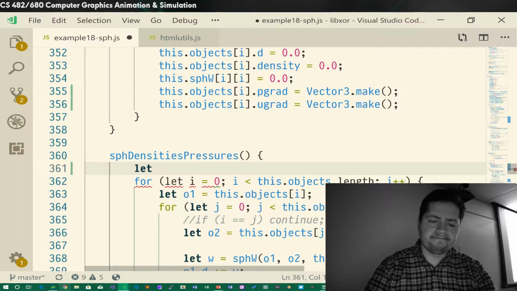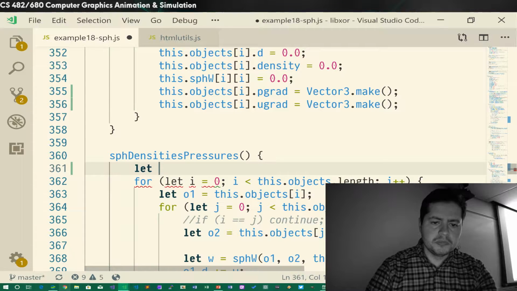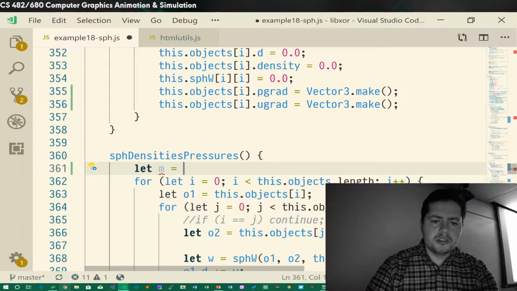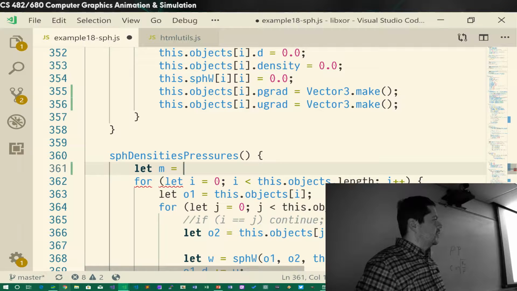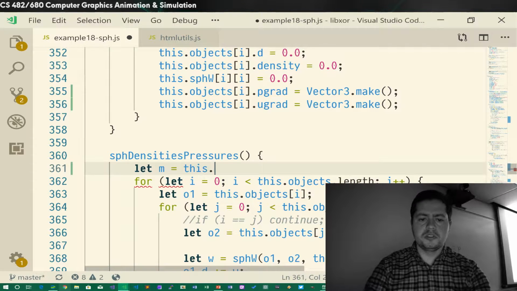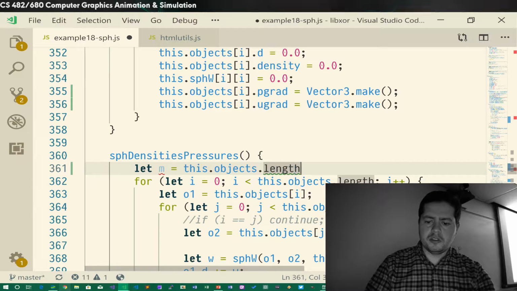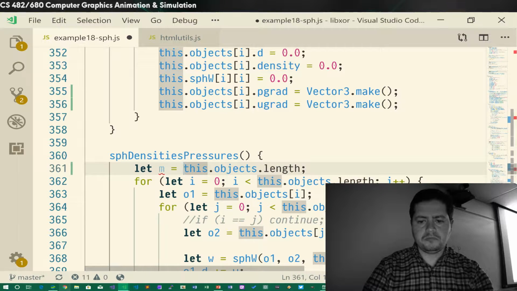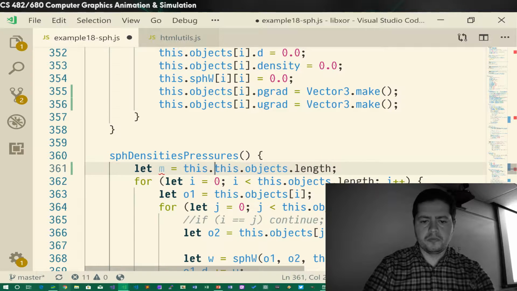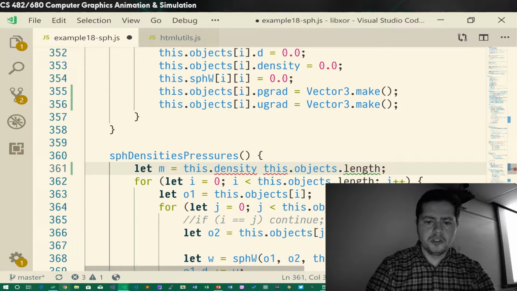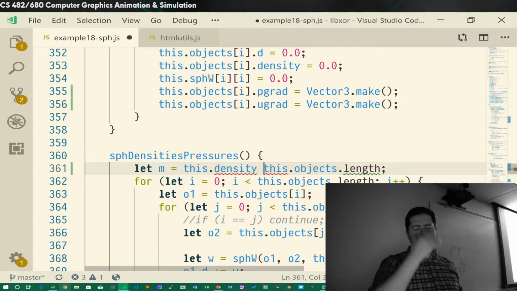How about we do, let's do this. Mass should maybe be constant, right? So we have the number of particles. Actually, we're inputting a density of the substance, right? So if we know the size of the particles, we should be able to calculate the total mass pretty readily. this.density, I'm trying to think here.